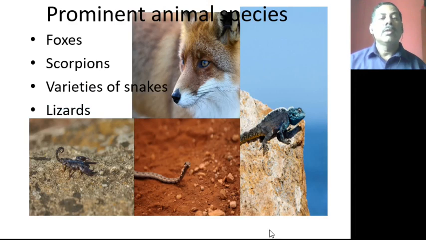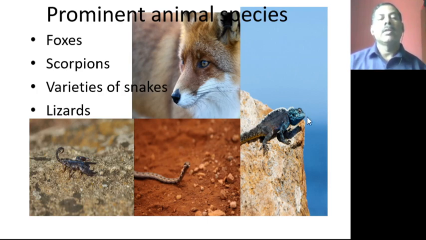Now coming to the different species of Africa. The first one, the fox. So you can easily identify the fox. And the second one, the scorpion. Not only this small scorpion, you will find different types of bigger scorpions in the forest of Africa. And varieties of snakes, not only one type of snake, different varieties of snakes that you are going to find in Africa.